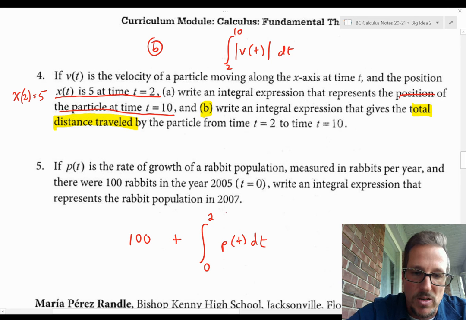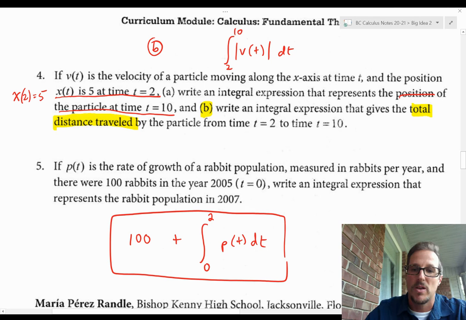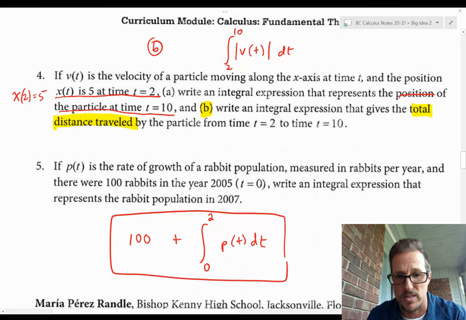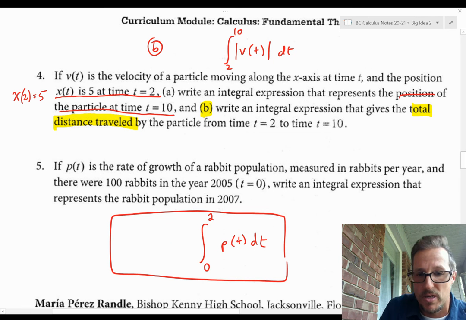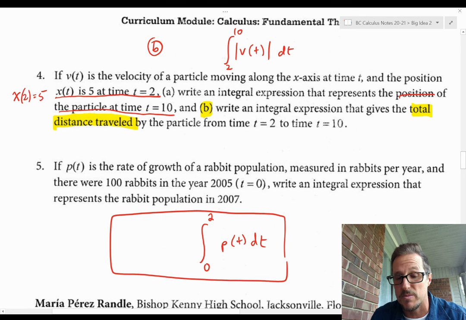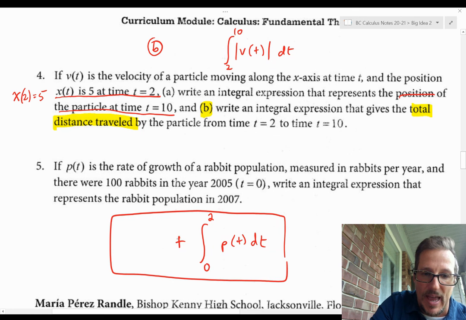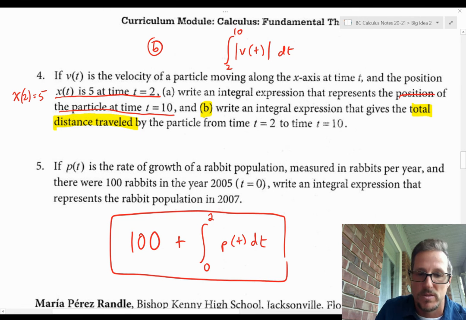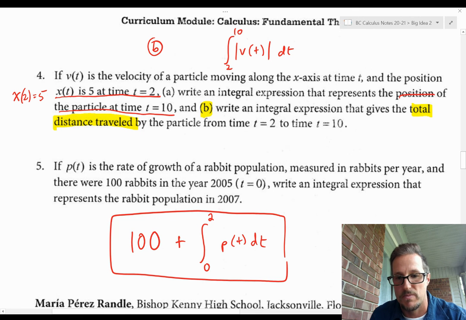That is an integral expression that would tell me the total number of wabbits in the population at 2007, right? If I get rid of that 100, that integral only tells me the total change in population. So how many wabbits have been added to the population? So to know what the population is, I have to add the original amount at time 0, which is 100.